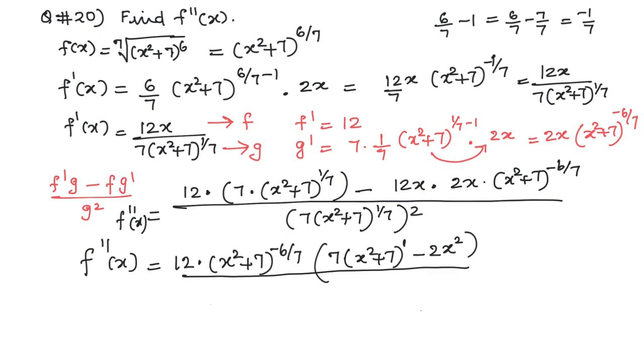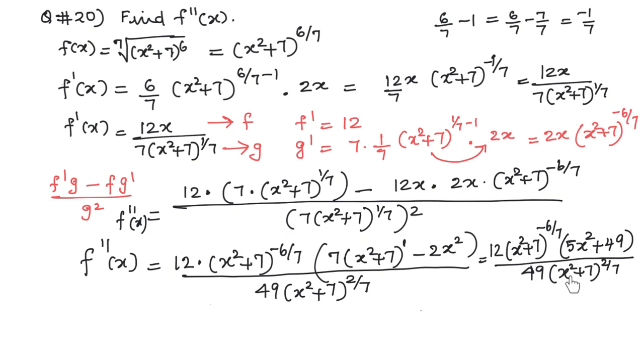Then whole divided by 7 square, that is 49, and this factor power exponent will be 2 over 7. So 49 times x square plus 7 power 2 over 7. Now distribute this. So 7x square plus 49 minus 2x square. That makes it 7x square minus 2x square, that is 5x square plus 49.